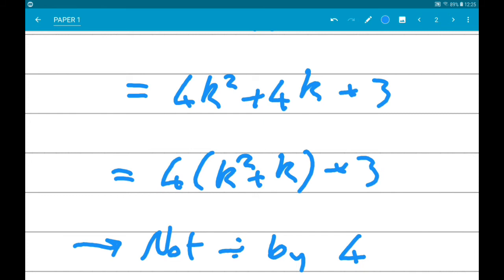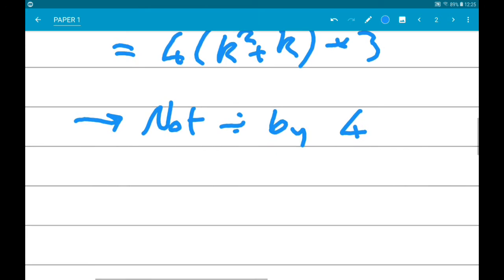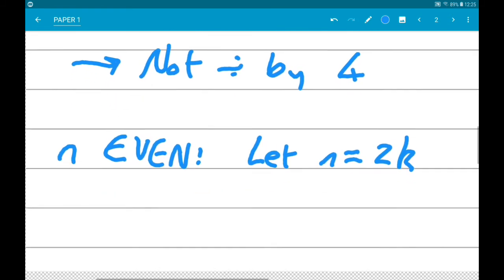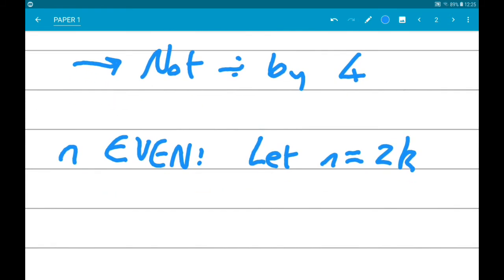Okay, now let's test n when it's even. So, when n is even, we're going to say let n equal 2k. And then n squared add 2 is 2k squared add 2.